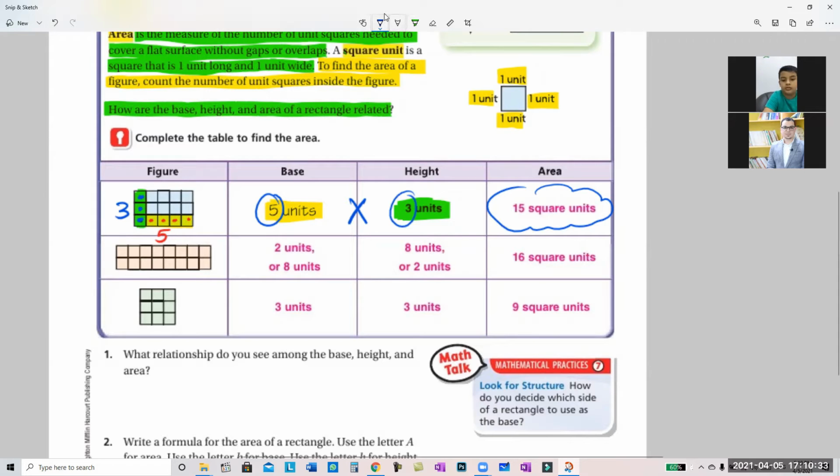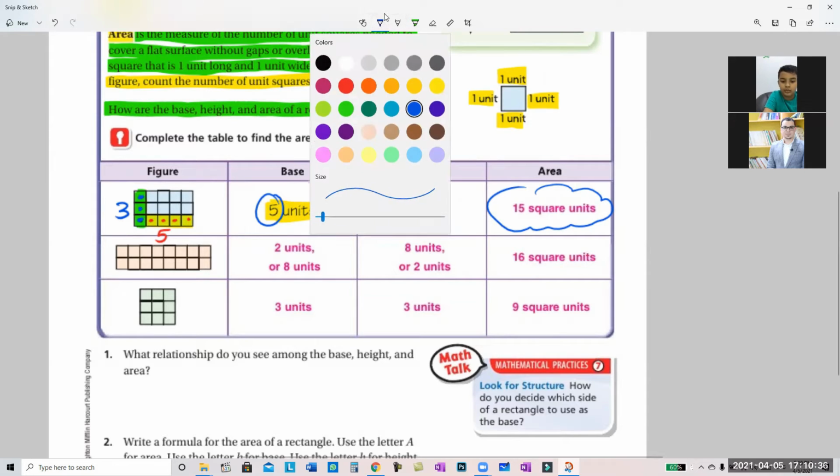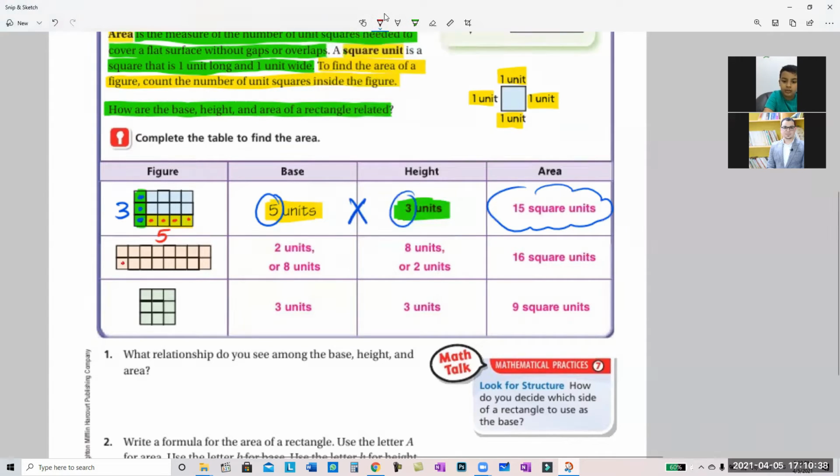The same goes with the next figure. We have here in the base 1, 2, 3, 4, 5, 6, 7, 8. So we have here 8 units, as you see here.